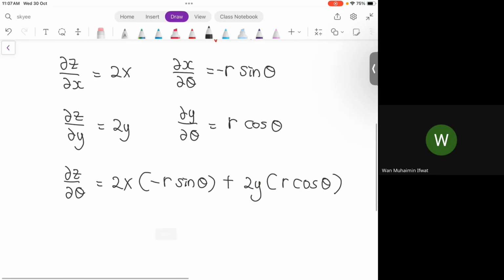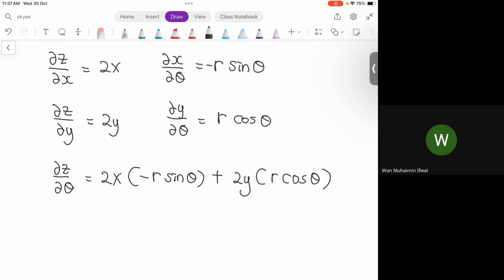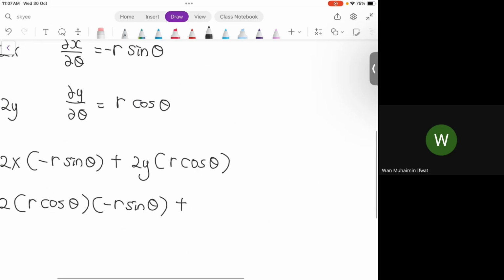Next, replace x and y with their equations: 2 times r cos theta times negative r sine theta, plus 2 times r sine theta multiplied by r cos theta.